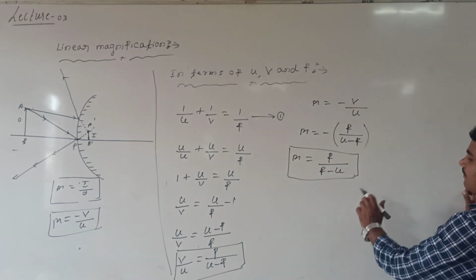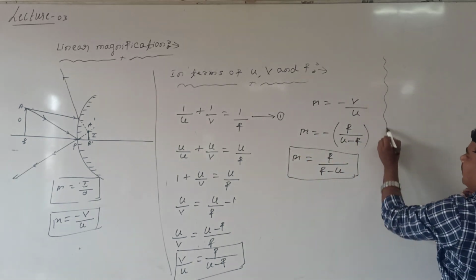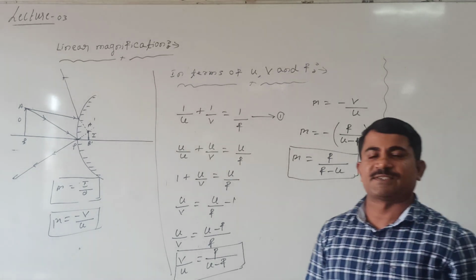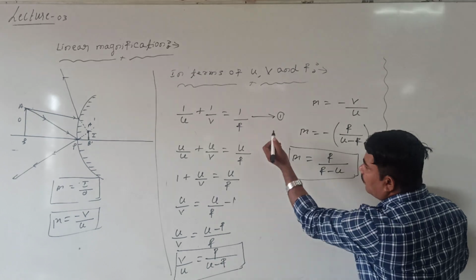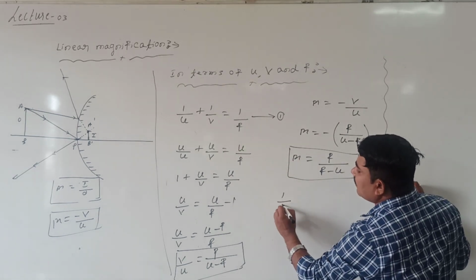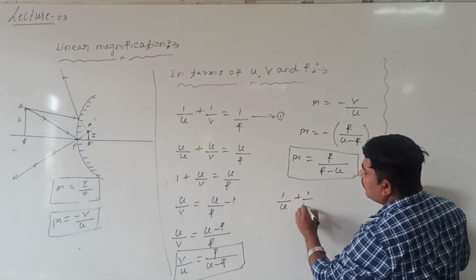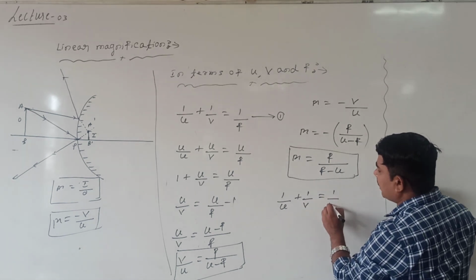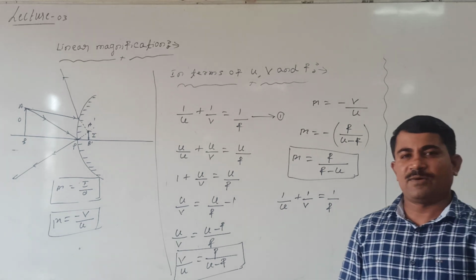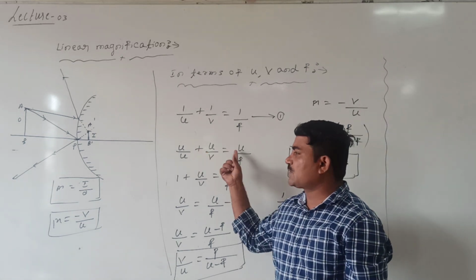Similarly, this linear magnification in terms of image distance also you can see. Image distance, I mean you can take one more way. Again this is the mirror formula: 1 by U plus 1 by V is equal to 1 divided by F. Now I multiply by V on both sides.